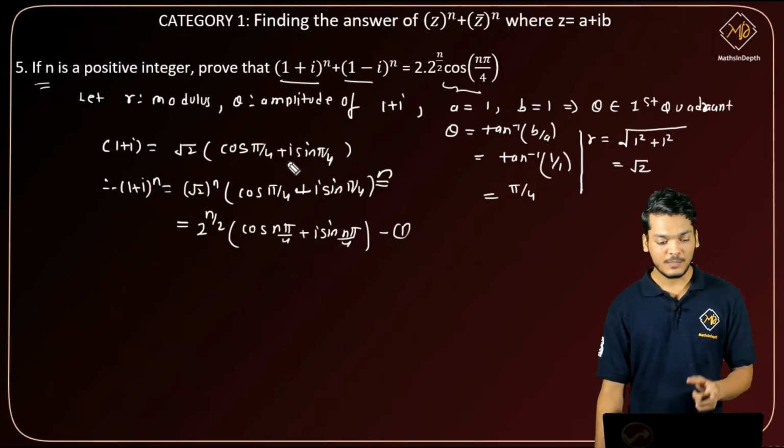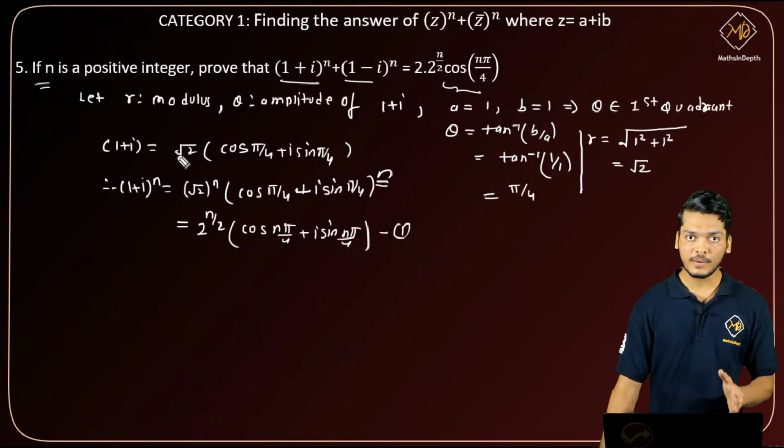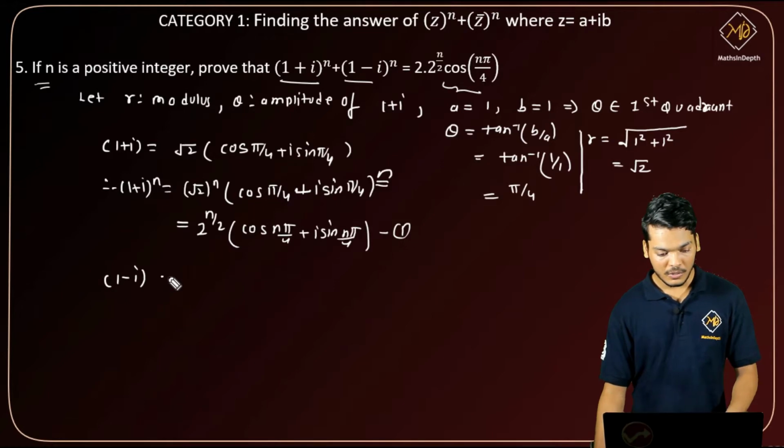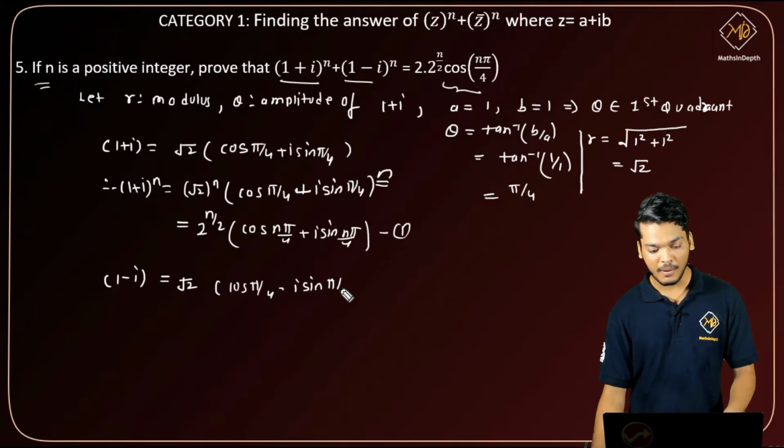Since this is the polar form of 1 plus i, the polar form of 1 minus i can be obtained by replacing this i with minus i. So this equals root 2 into cos pi by 4 minus i sin pi by 4.